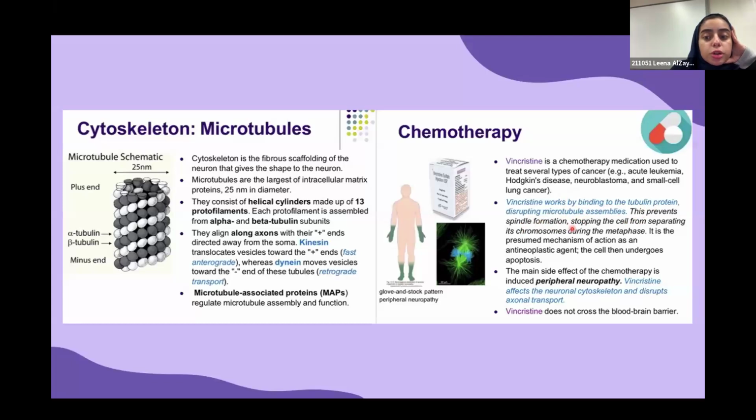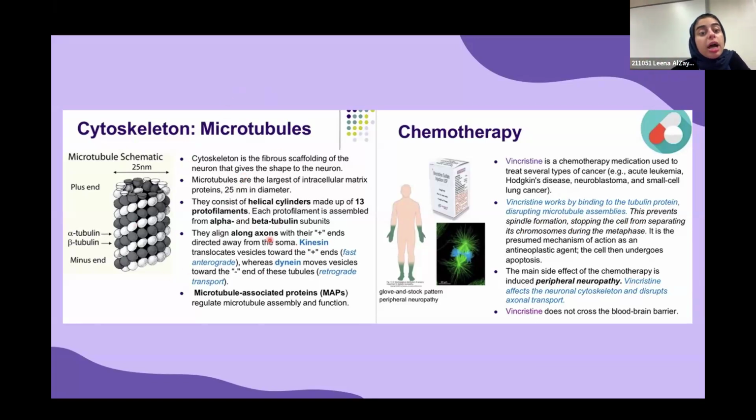Vincristine works by binding to the tubulin proteins and disrupting the microtubule assembly. This prevents spindle formation. And what is the microtubules' function? It's to transmit information from the neuron body to the axon and from the axon to the body. It's kind of like the highway of the neuron, transmitting nutritional things, receptors, and so on.